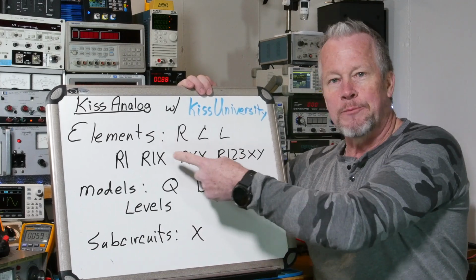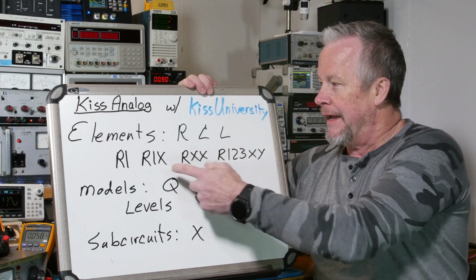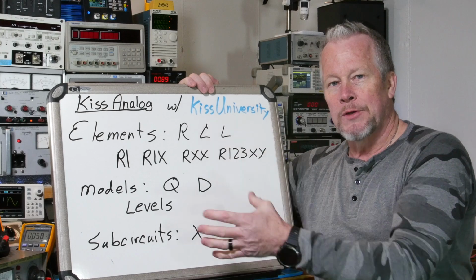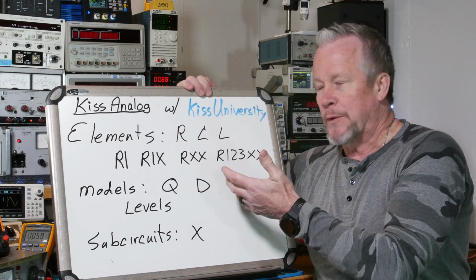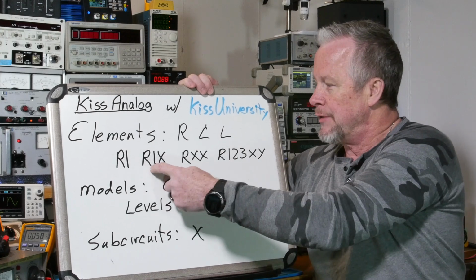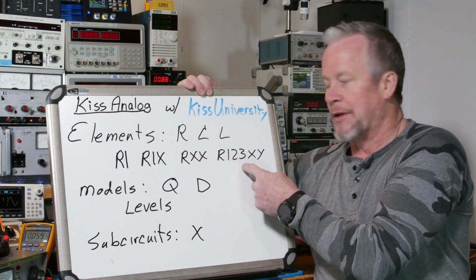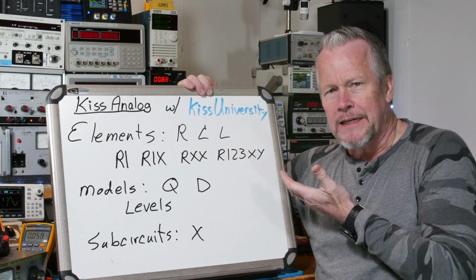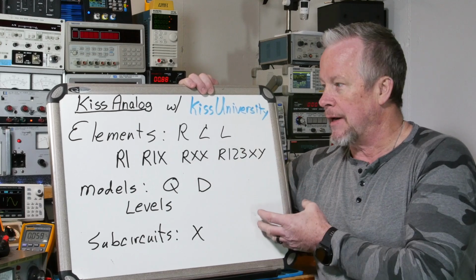Some things are simple elements like resistors, capacitors, inductors, and when you put those on your schematic, like for instance an R, it needs to be named with the R. Starts with the R. Doesn't really matter what the string says after. It could be R1, could be something like R123 XY. Doesn't matter what the string is, as long as it starts with the R.